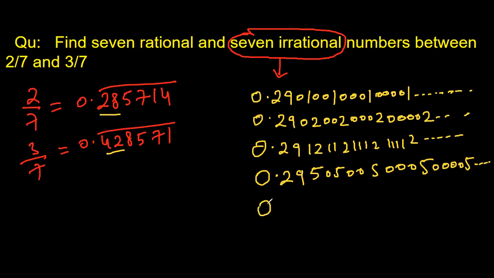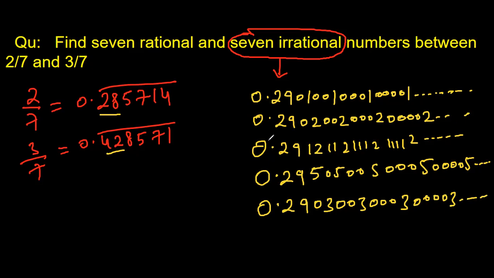And then one more number, you can take 0.29, right? So anything you want. It's just fun writing it, like 03, then 003, 0003, right? Four times 0 then 3, and then dot dot dot.